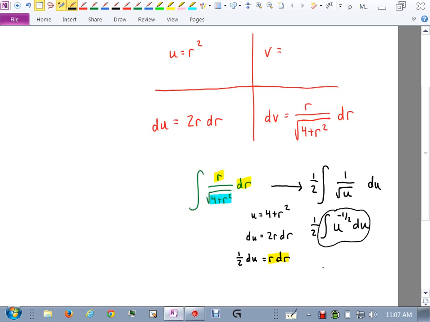Okay. So this is just going to be u to the 1/2, which is the same as the square root of u. Yes? But what's u? 4 plus r squared. Okay. So the antiderivative of this up here, my v, is the square root of 4 plus r squared.